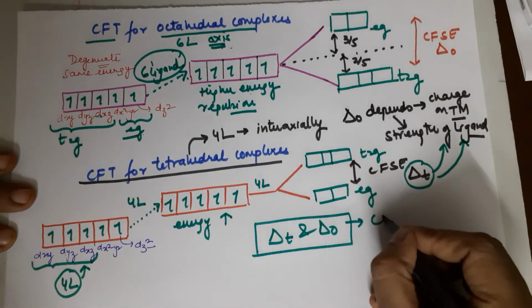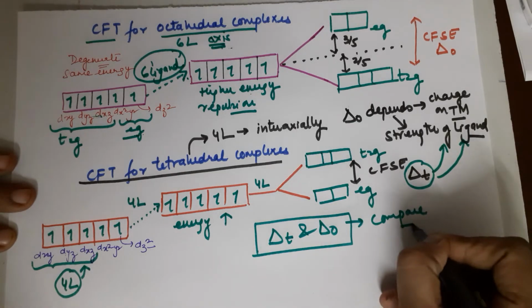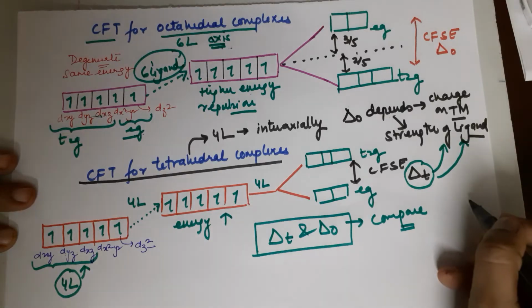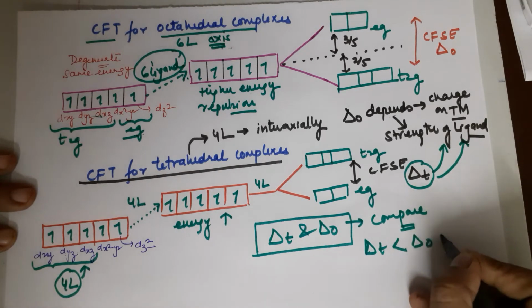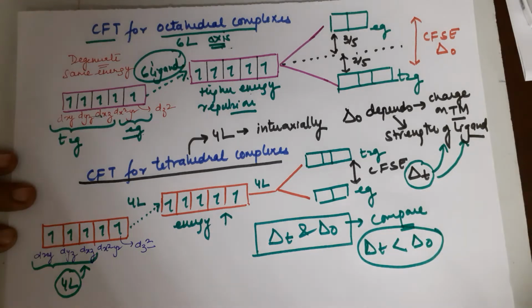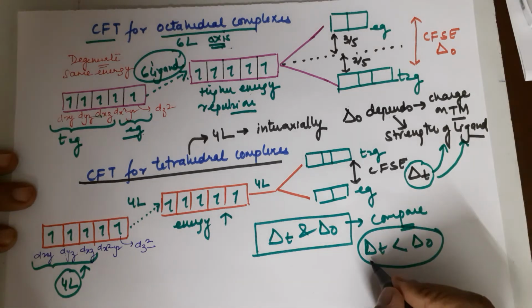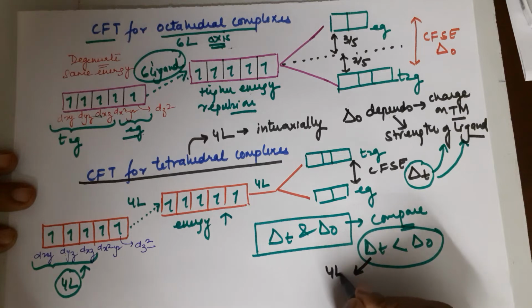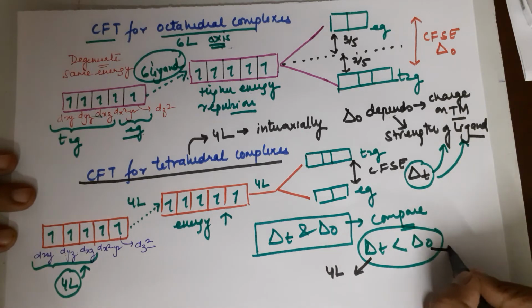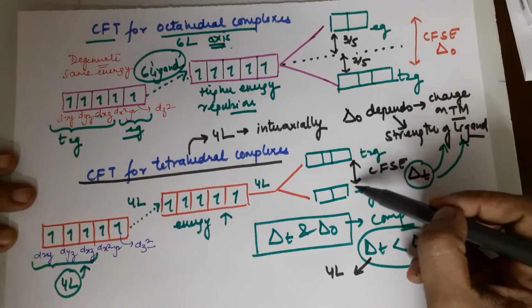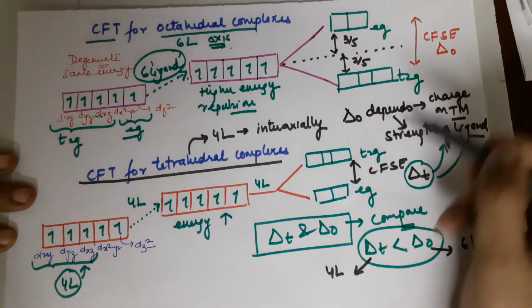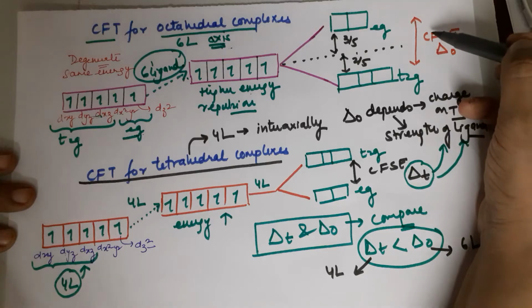If I compare both of them, then it is observed that generally delta T is less than delta naught. Why is that? The reason is that in case of delta T, you have only 4 ligands approaching, while in case of octahedral complexes, you have 6 ligands approaching. As you can see, I have made it a smaller difference in energy. Here the energy difference is larger.